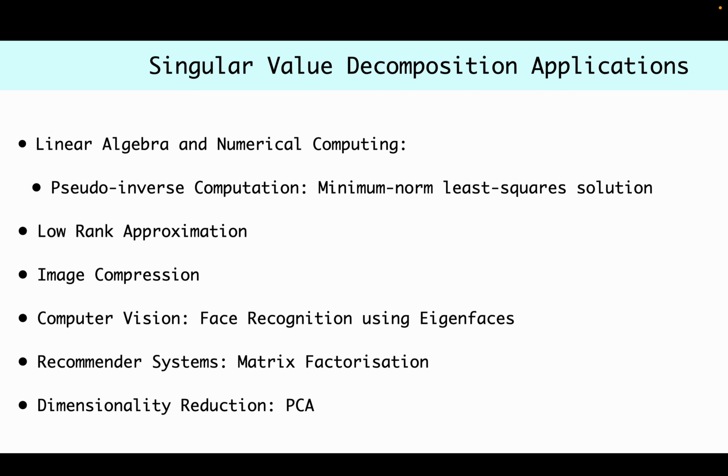And we have a number of applications in image compression, and in computer vision we can do face recognition using eigenfaces, and in recommender systems we can use it for matrix factorization, for decomposing the user item matrix. The other important application, especially in data science and machine learning, is dimensionality reduction, where we use principal component analysis, where high dimensional data is represented in low dimensions by eliminating the unnecessary dimensions which have redundant or noisy information.